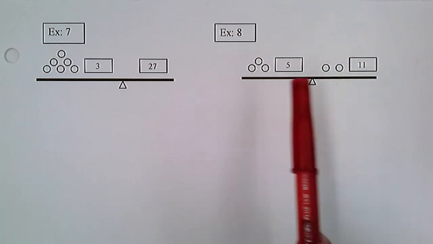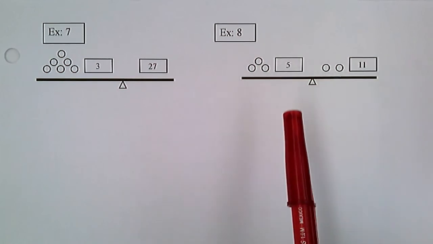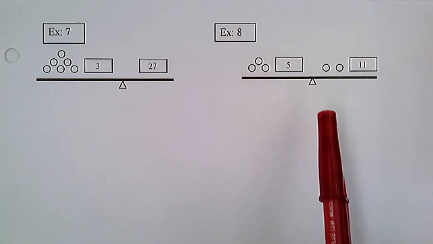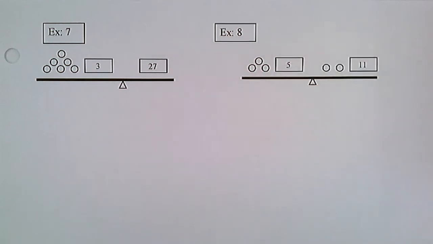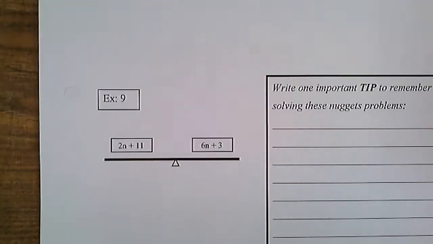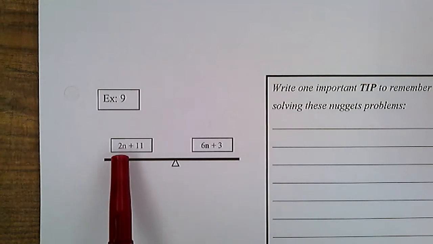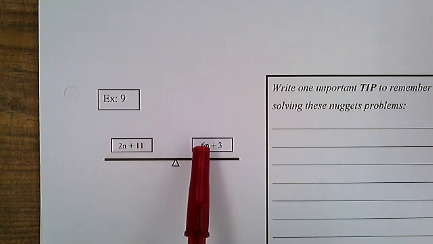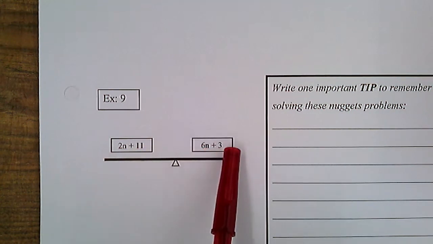Remember, we want to wind up with only 1 nugget, and we only want the nuggets on one side of the scale. Okay, so make sure you show your work. And then on number 9, down here, I've just abbreviated. So instead of drawing the circles, that's 2 nuggets and 11 pounds. And this is 6 nuggets and 3 pounds.